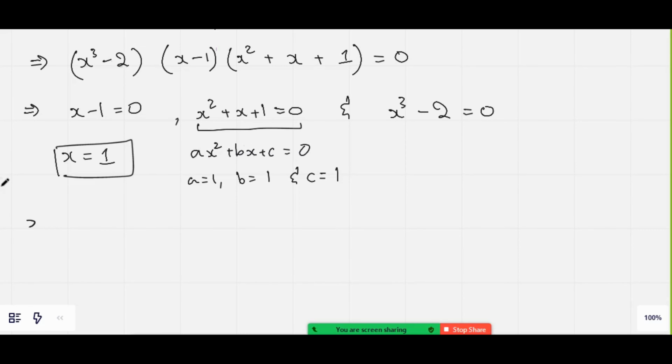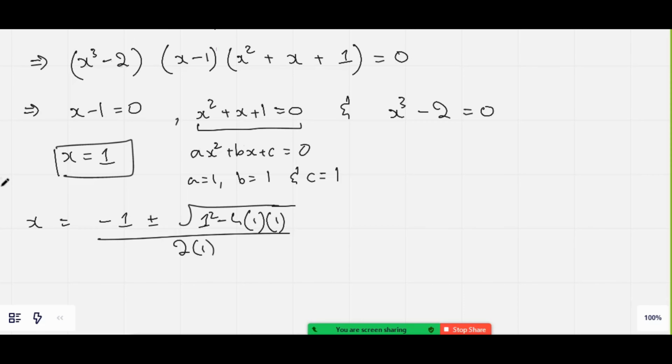So x is equal to minus b plus minus under root b square minus 4ac upon 2a. Now I'm having minus 1 plus minus under root 1 minus 4 upon 2. You can notice you are going to have complex answers.